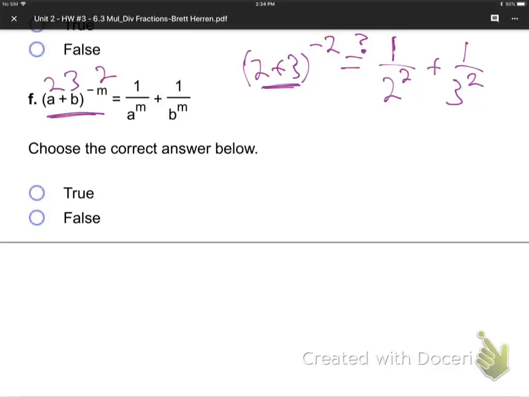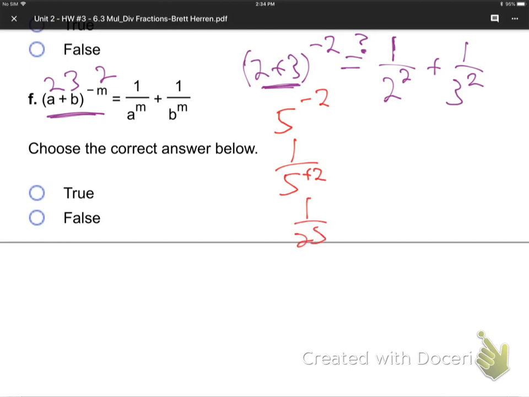It's 2 plus 3 to the negative 2. It's 5 to the negative 2. What's a negative power do? Does anybody remember that from algebra? What's a negative power do? Yeah, it flips it. Exactly. Negative powers flip things, make them fractions. I don't know if you remember that. So that'll become 1 over 5, and then the power becomes positive.